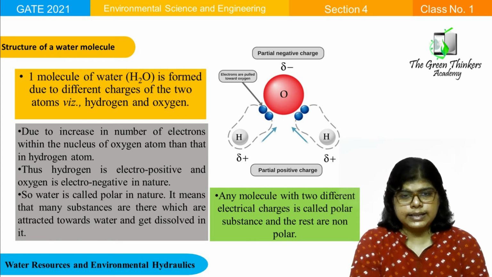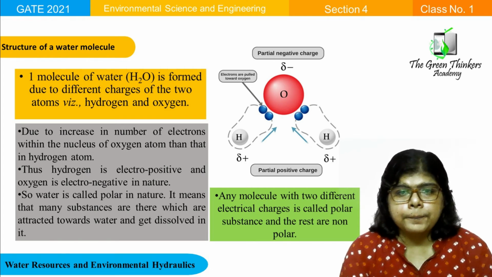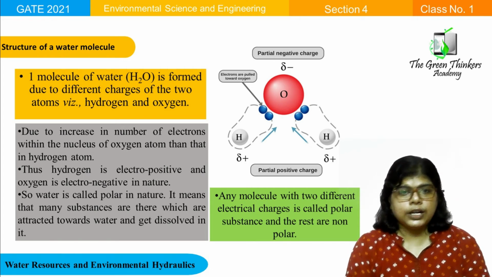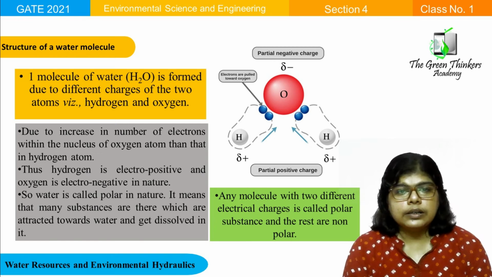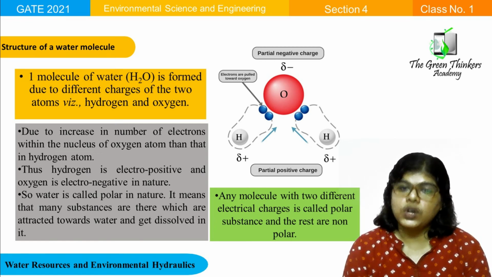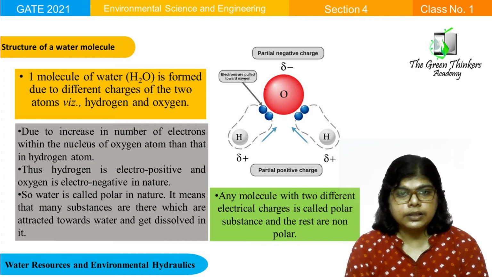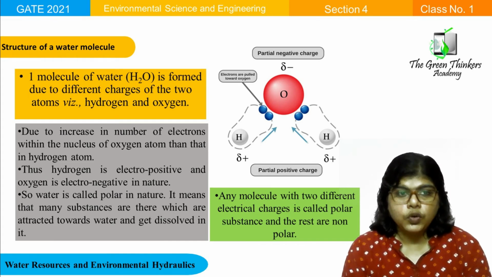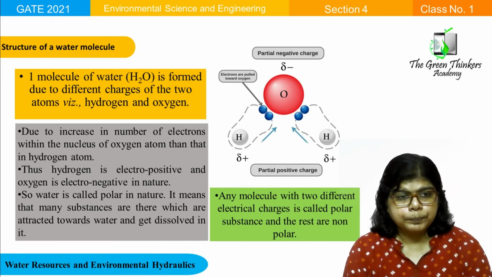In this slide you will see that the partial negative and partial positive charges are shown. The blue colored beads exhibit electrons, one of oxygen and another of hydrogen, forming the respective covalent bonds on either side.